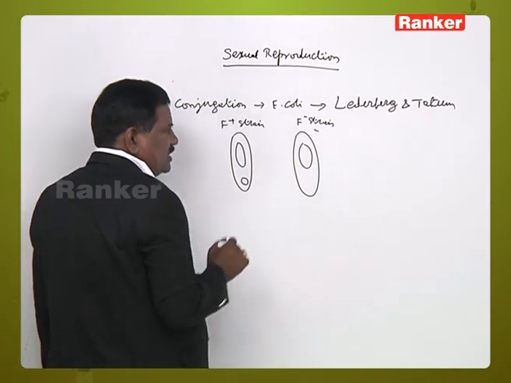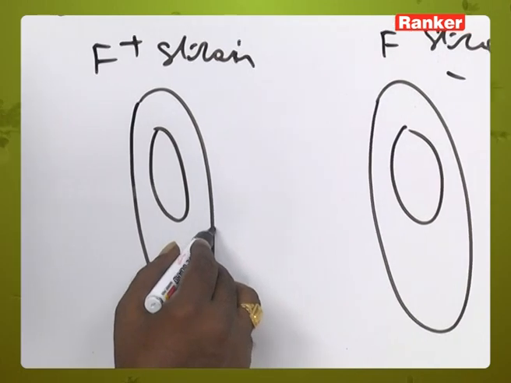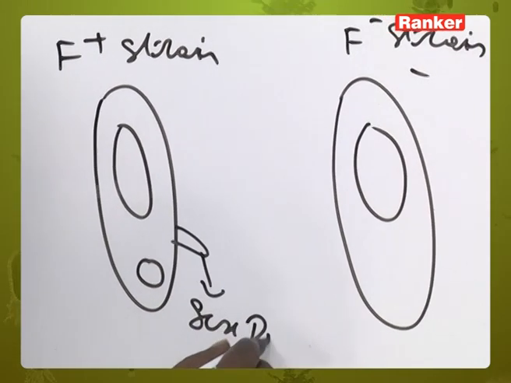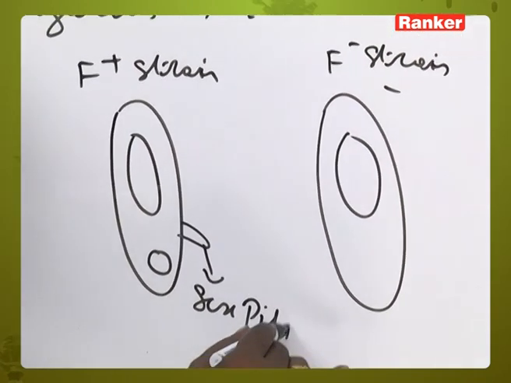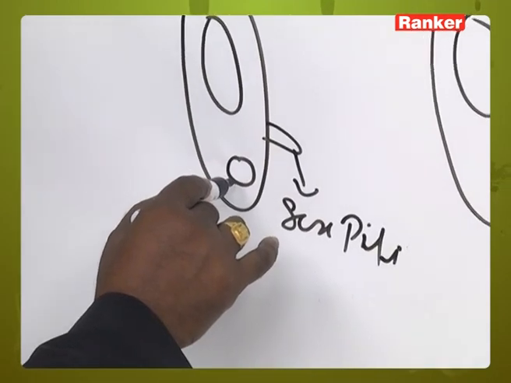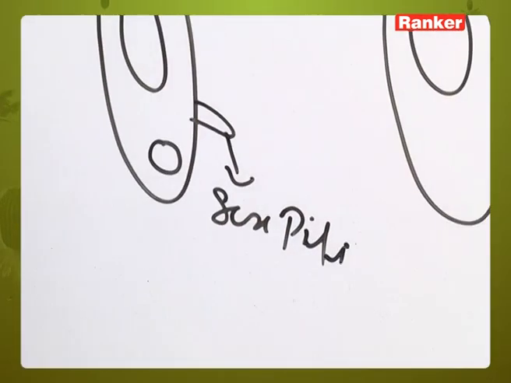So that is the F minus strain. Sex pili are present in the F plus strain only. It donates this plasmid to the F minus.